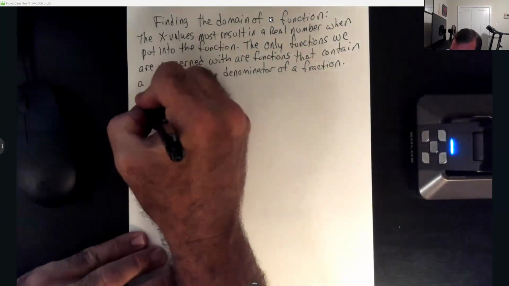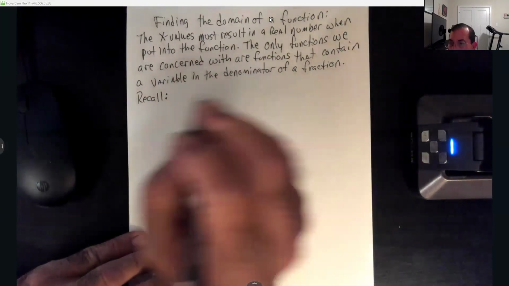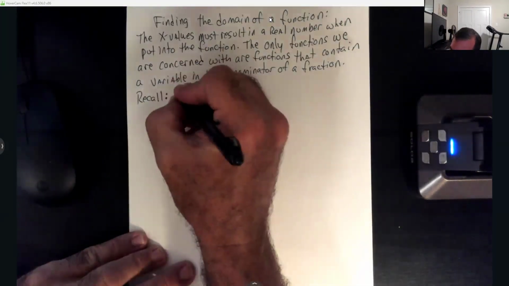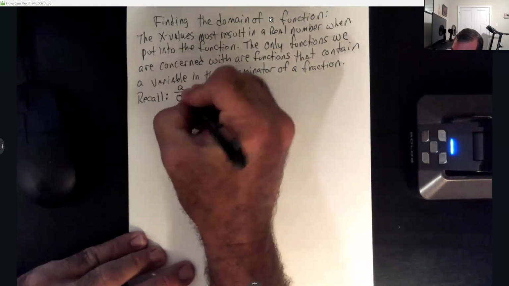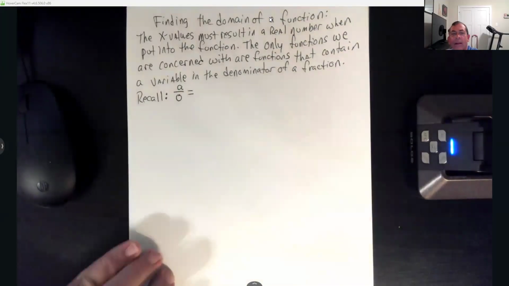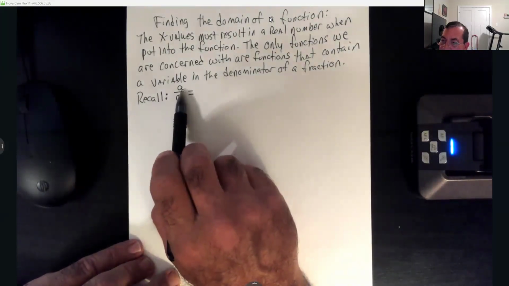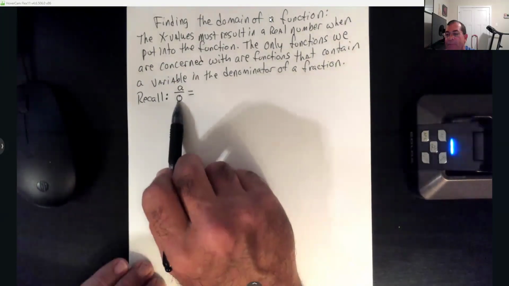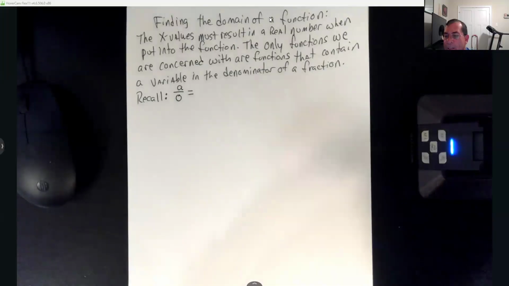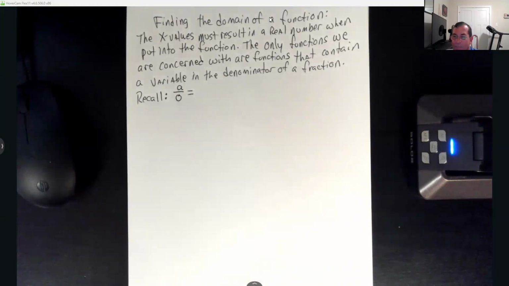So why is that? Let's recall. Any number, I don't care what number you put in for that A, but any number divided by 0 equals what? Y'all remember what we called those?